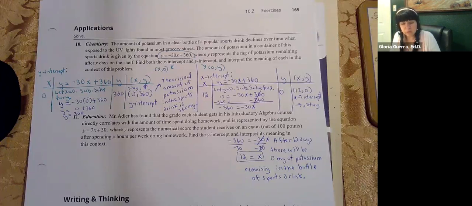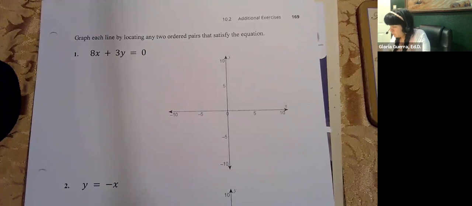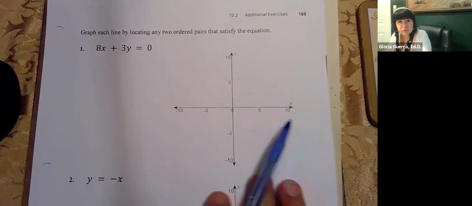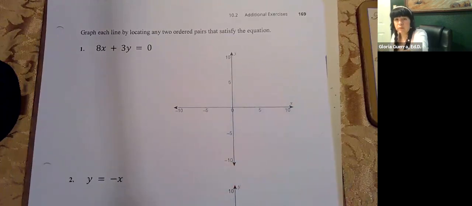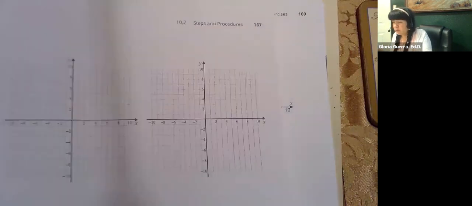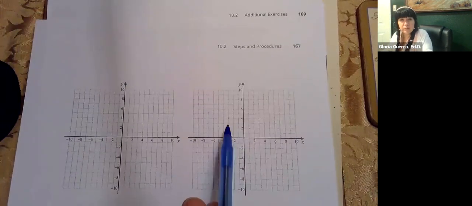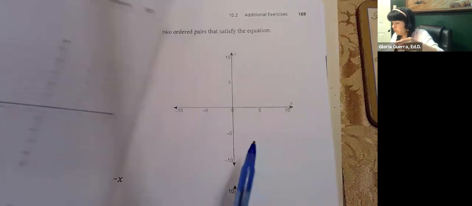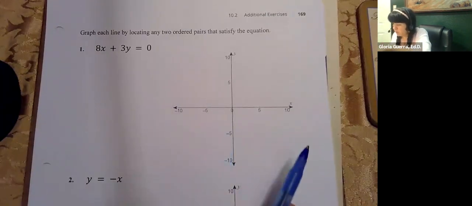Okay, so now let's go to the problems that the math department made. The graphs didn't come out too good here. I'll probably have to do the graph on one of these pages because these came out better. These are too light. Not sure what happened when I did the printout.